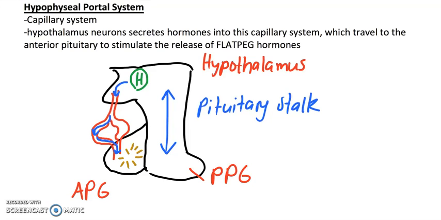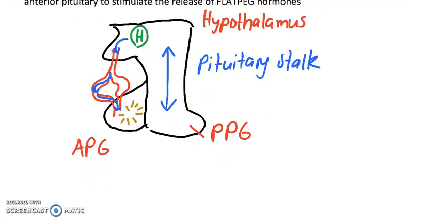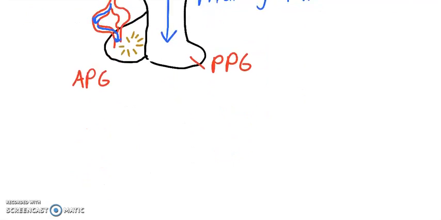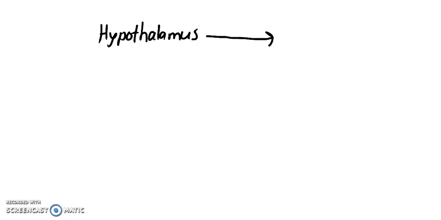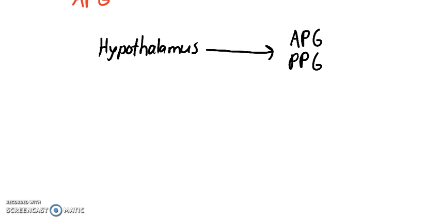Okay, so now how does the hypothalamus command these two glands? Now let's discuss the release commands from the hypothalamus. So hypothalamus, kind of the command center. This communicates with both the anterior pituitary gland and the posterior pituitary gland.